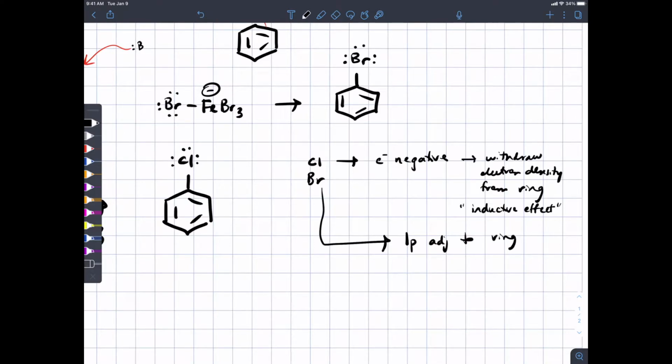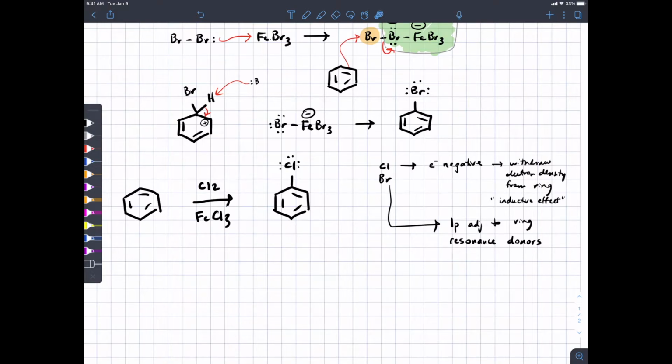And so these groups with lone pairs adjacent to the ring can be resonance donors. That's not going to matter in terms of benzene's reactivity. The electronegativity effect dominates for the halogens. Rings that already have halogens on them will react more slowly than benzene rings, but you do have this other resonance effect that we'll talk about in a little bit.